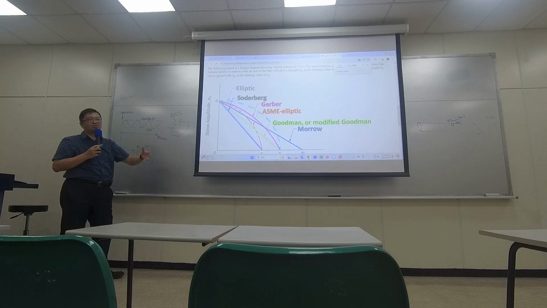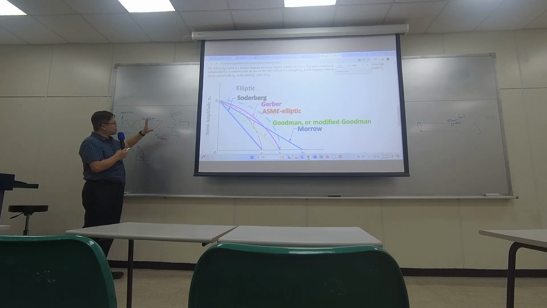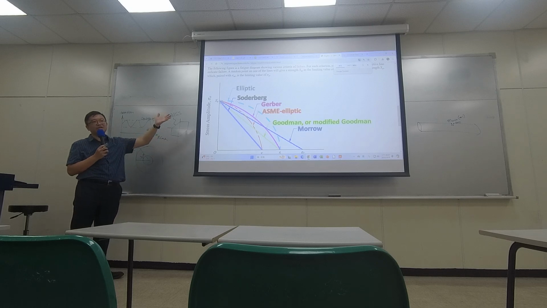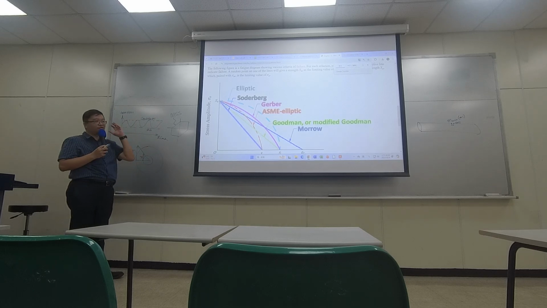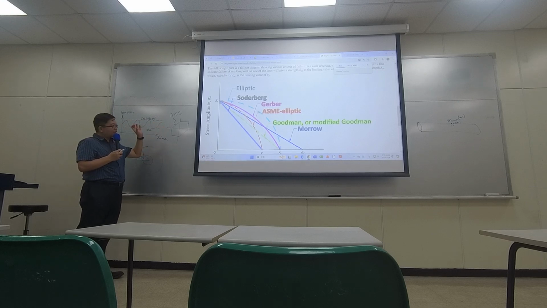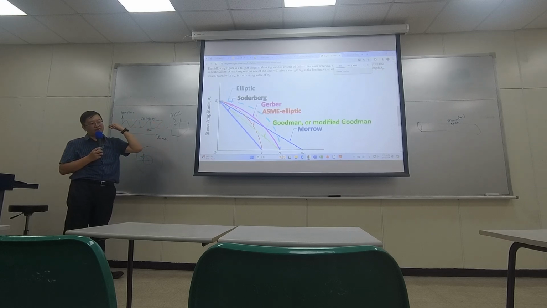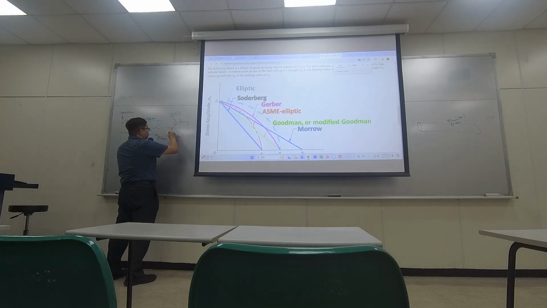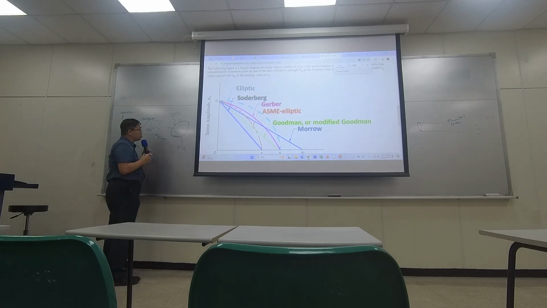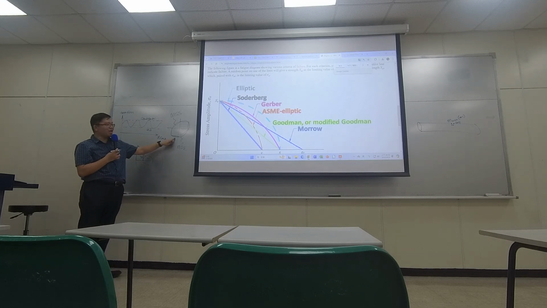So they started to derive design models from different concepts, such as the distortion energy model and the strain energy model. If you view the same problem from a different aspect, sometimes you derive new equations. That's why, at the end, people found the maximum distortion energy model, which has rounder edges that give you some extra space for your design.